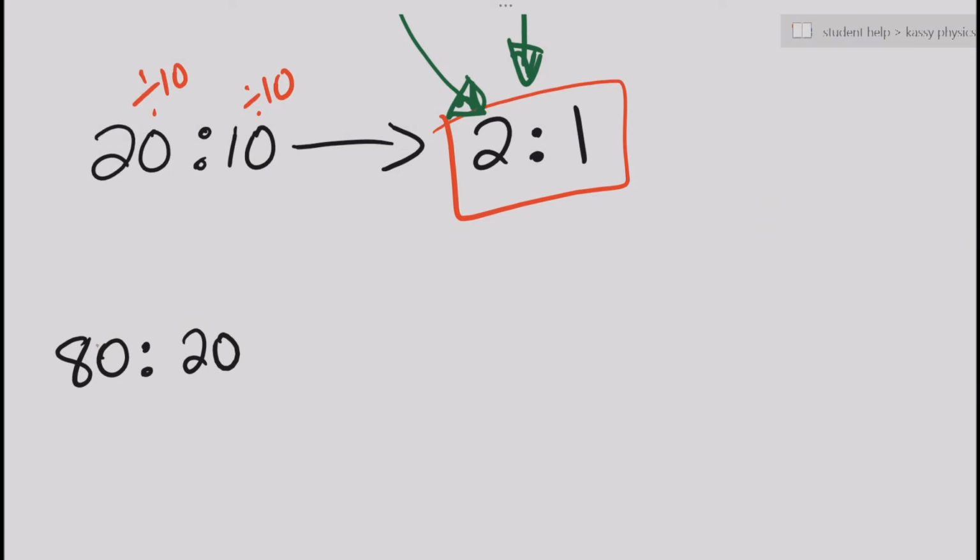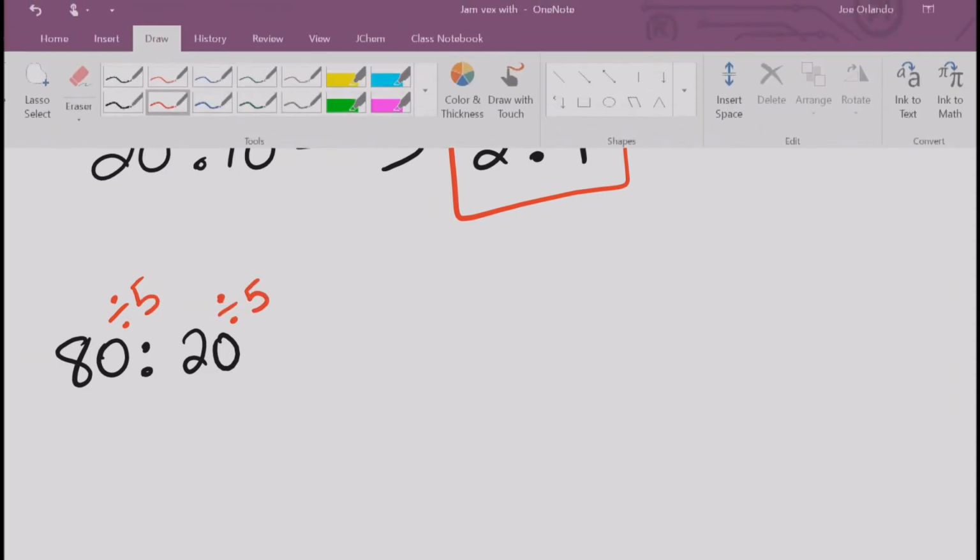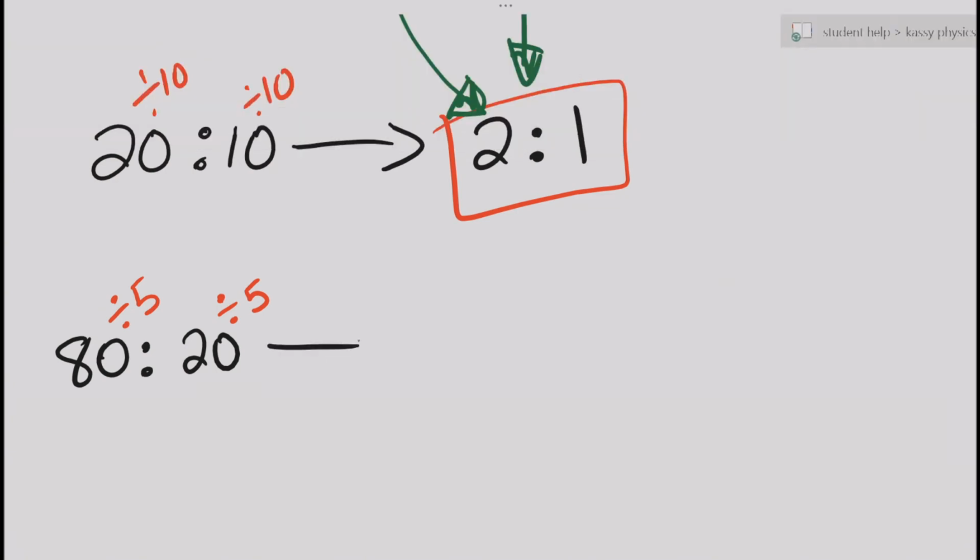Maybe you immediately see 80 and 20 and you go, I know that both of those are divisible by 5. They both end in 0, and so I know they're going to both be divisible by 5. And from that, you say, okay, 80 divided by 5 is 16. And 20 divided by 5 is 4.